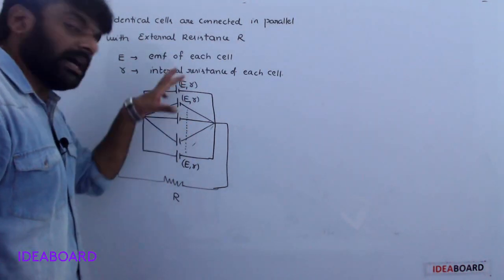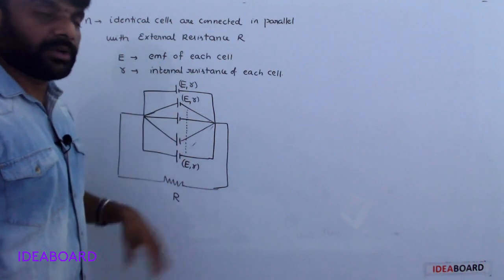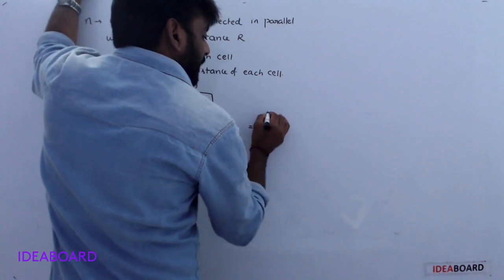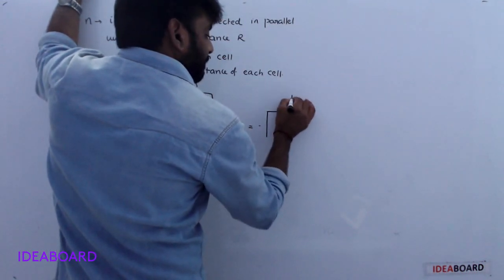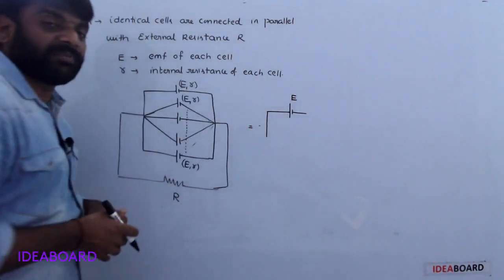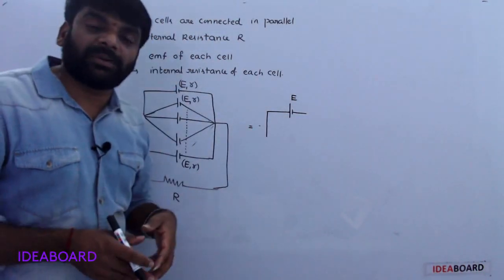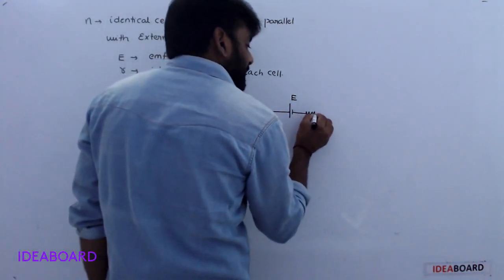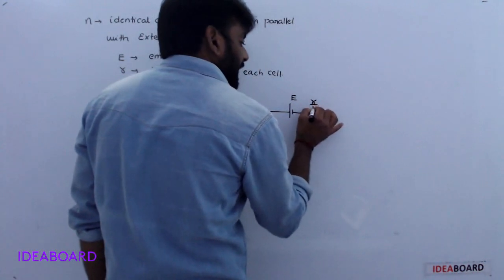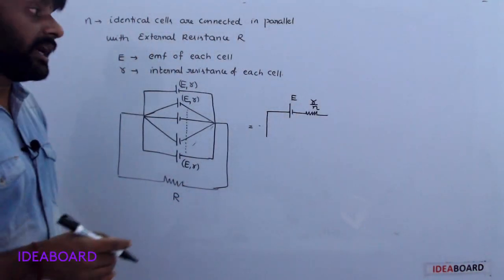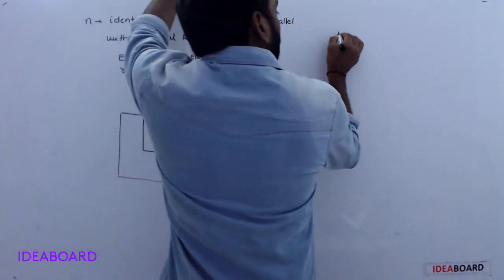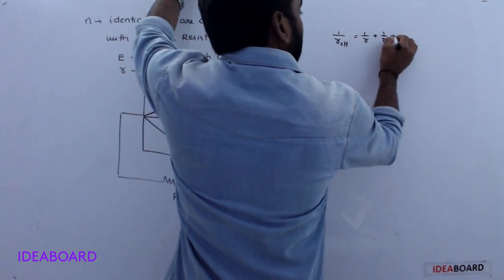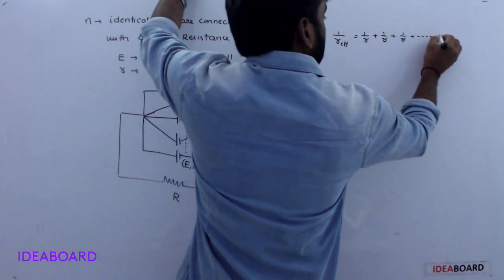Now all are identical cells. So the equivalent circuit is this one. All are identical, which means the EMF is the same. Because in parallel combination, which one is constant? Potential is constant. Now the internal resistance in parallel is r by N, because 1 by r effective is equal to 1 by r plus 1 by r plus 1 by r up to N times.